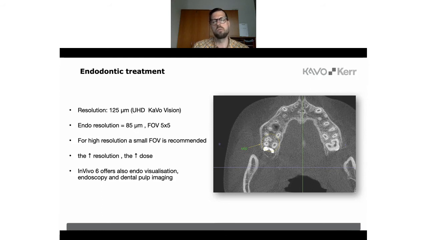And we will talk in a few seconds about the software. But in Vivo 6, what is the preferred software for the Endo CBCT units, you can also do the endo visualization, the endoscopy, and also the dental pulp imaging.